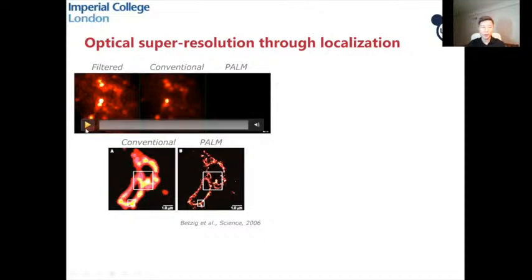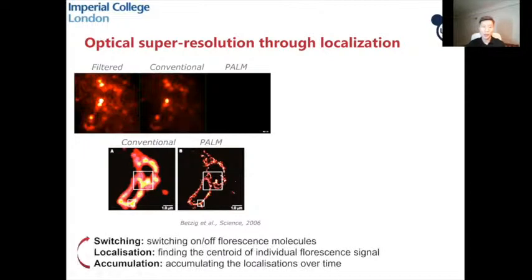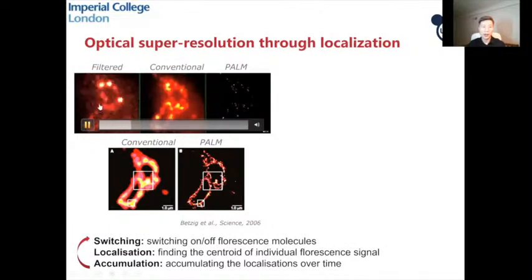And in here, in optics, what you see is a cell with a large number of fluorescence molecules. But actually, some kind of technique has been developed to be able to turn on and off these individual fluorescence molecules over time. So you can see it created some kind of blinking of these individual molecules.